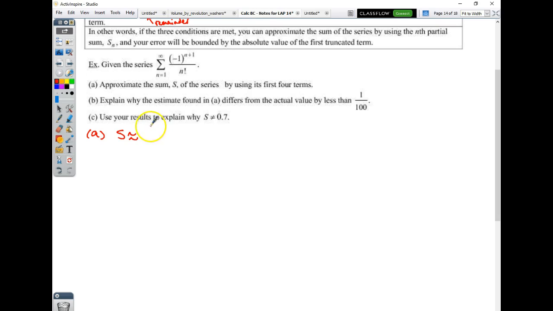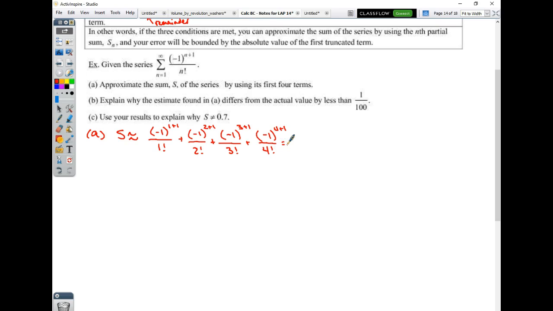So we would have negative 1 to the 1 plus 1 over 1 factorial. That would be my first term. By the way, I know that the n starts at 1 because it tells me that n starts at 1. Plus negative 1 to the 2 plus 1 over 2 factorial, plus negative 1 to the 3 plus 1 over 3 factorial, plus negative 1 to the 4 plus 1 over 4 factorial.